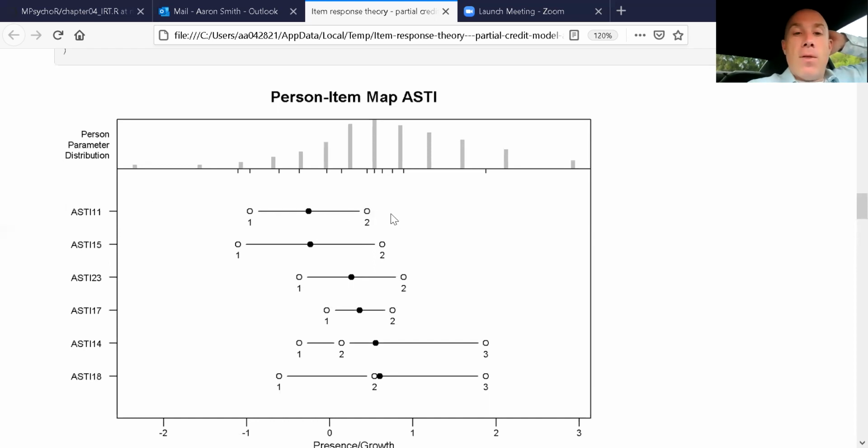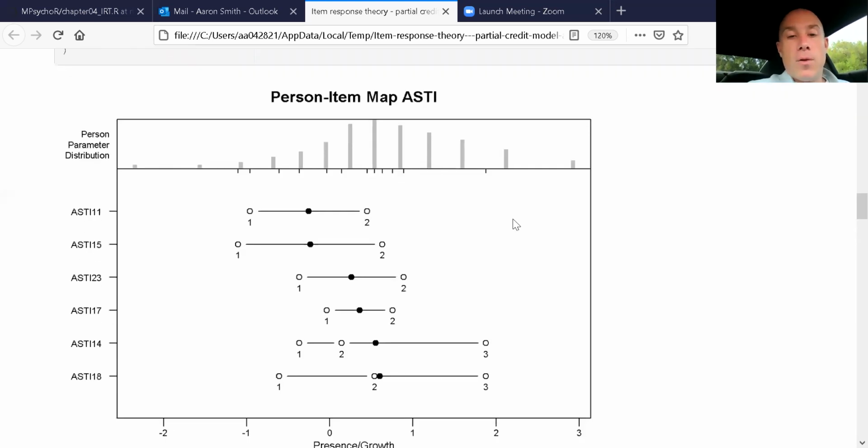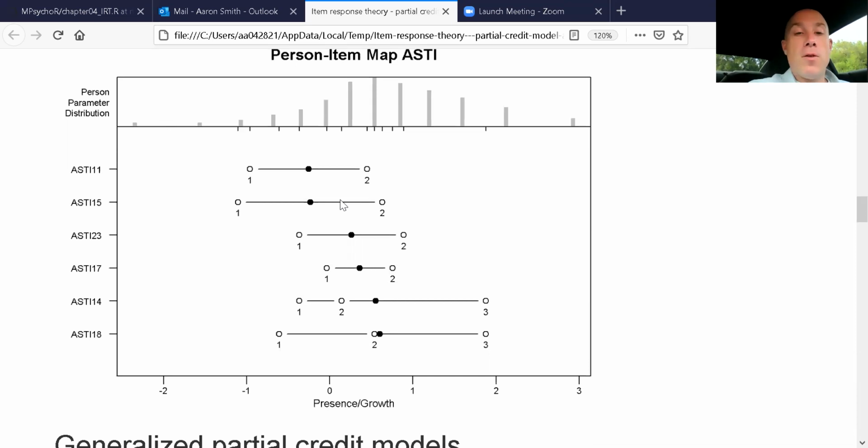And if their latent variable is greater than 0.5, then they are most likely to have a 2 for item 11. And that's how we read this. We can also see a histogram here of the distribution of the latent variable, which gives us a nice representation of what's going on.